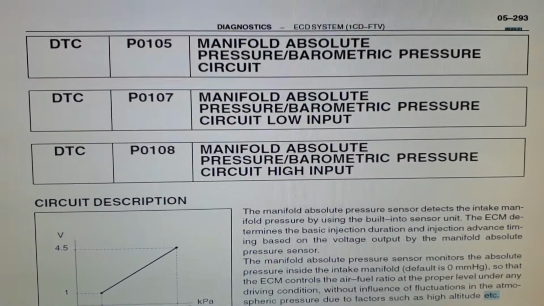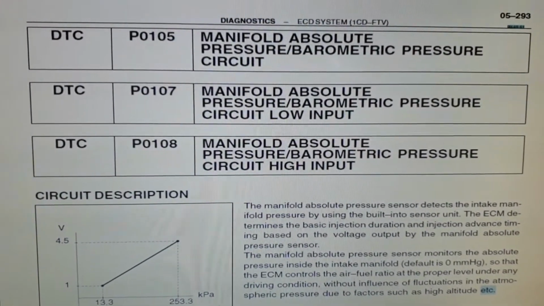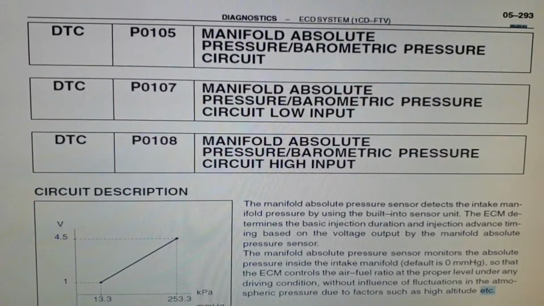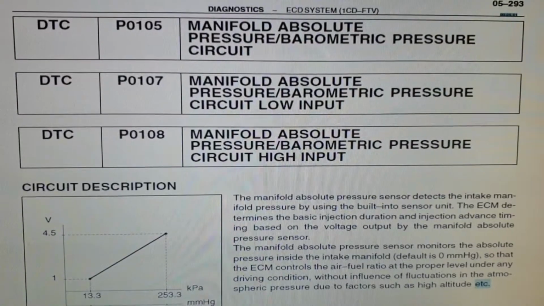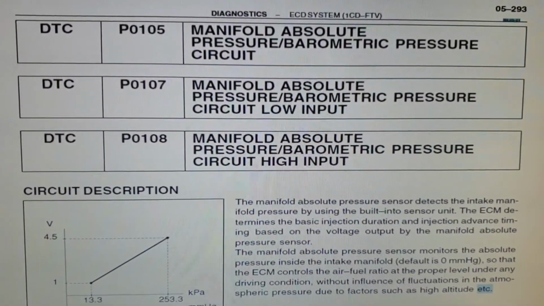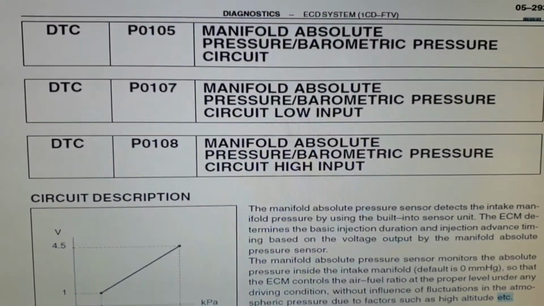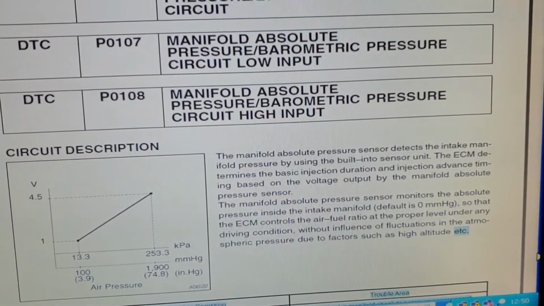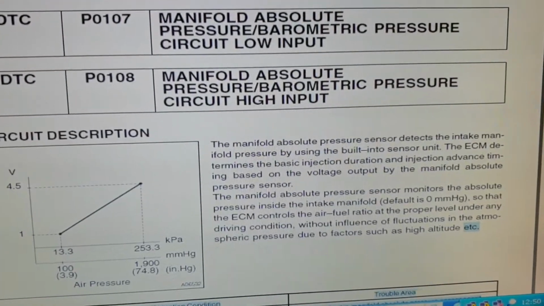This is another reason. The sensor itself is faulty. That is another reason. The air flow is restricted to the inlet manifold or to the intake valve through the inlet manifold. This is another reason that could have caused it.